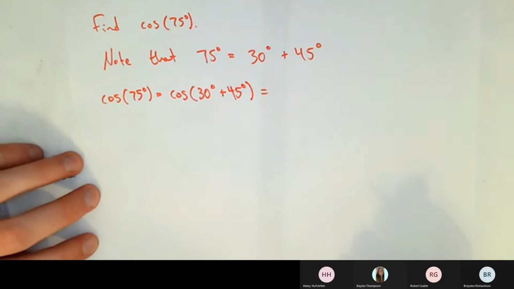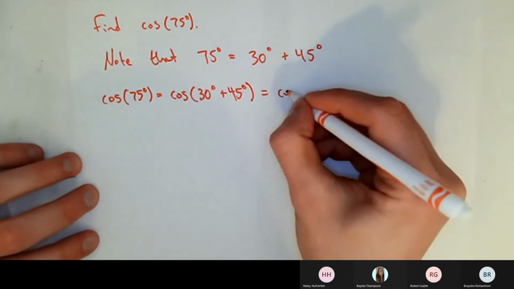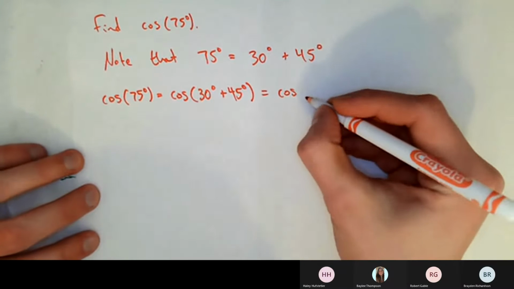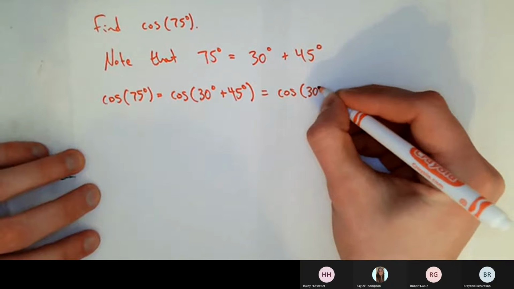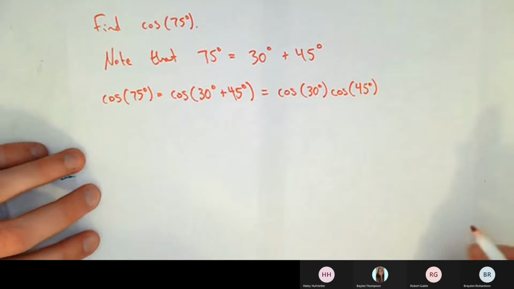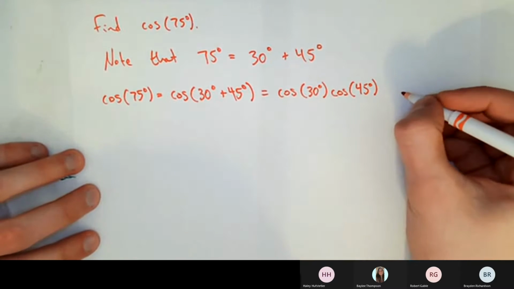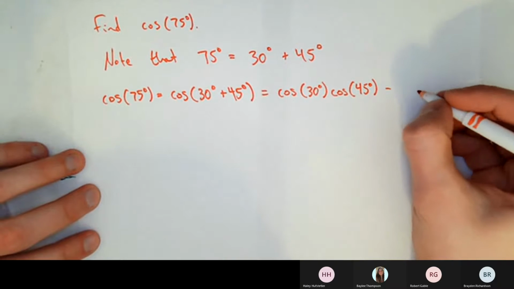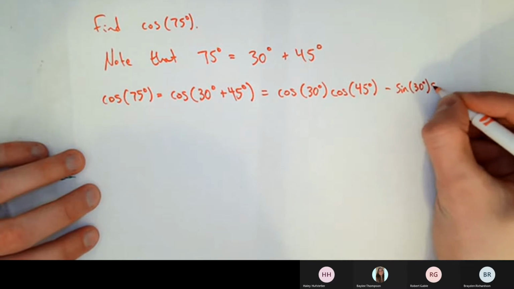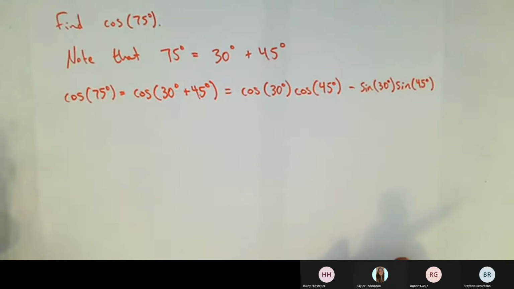Then we have a formula for a sum. That was the whole point of section 7.2. The formula for the sum of two things inside of a cosine function was the product of the cosines of each of the angles, minus the product of the sine value at each of those angles. So this is from 7.2.